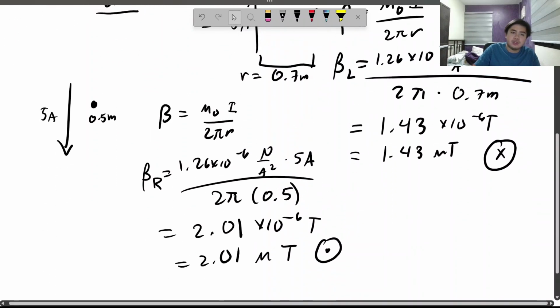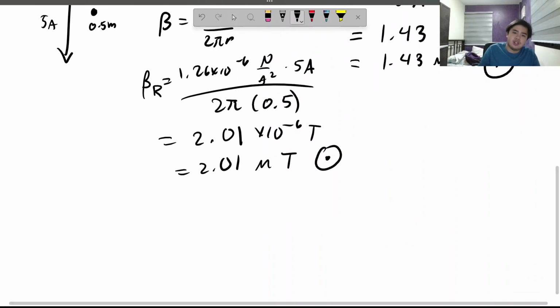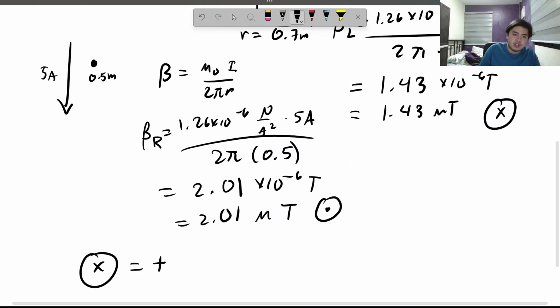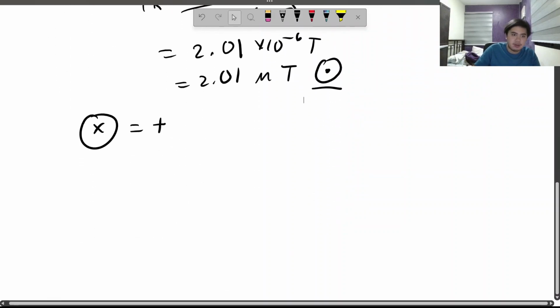What we're going to do is to assign positive to something. So, for this instance, let's assign X as the positive. So, this is positive. This should be negative since it is going out of the page. So, let's assign that as negative and see what happens.